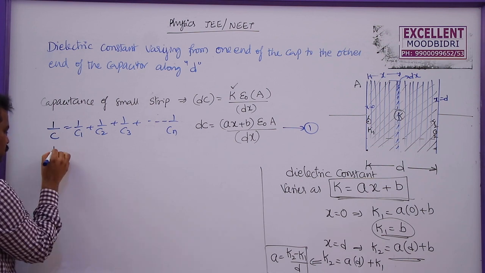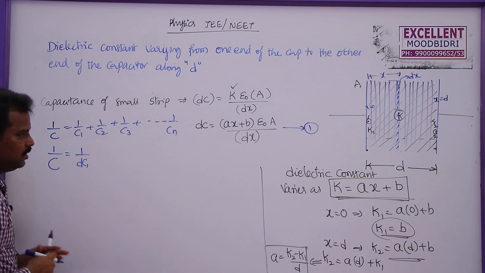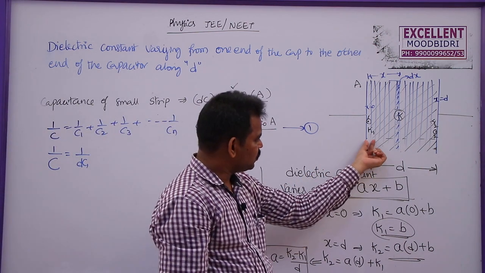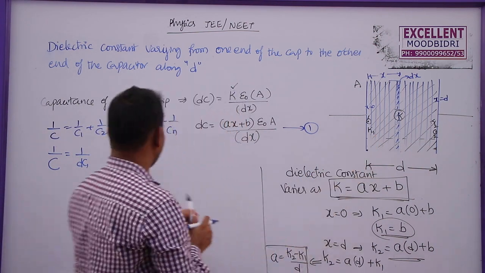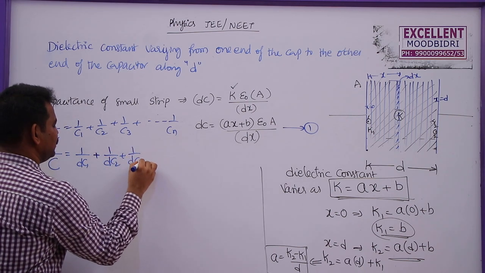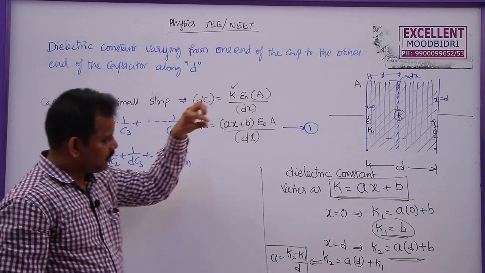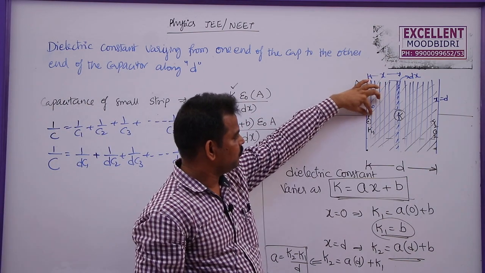Now 1 by total capacitance is equal to 1 by dC1, that is the capacitance of the first step, then 1 by dC2, 1 by dC3 and so on, 1 by dCn. But all these steps have the same width.